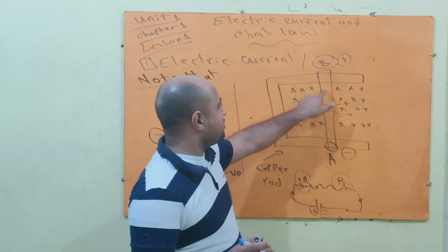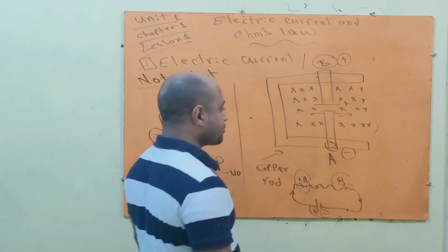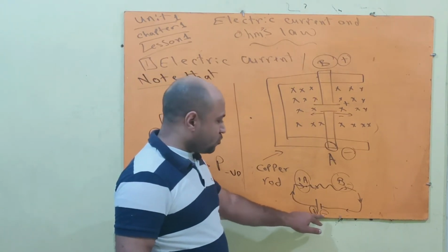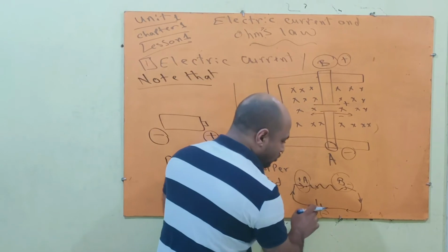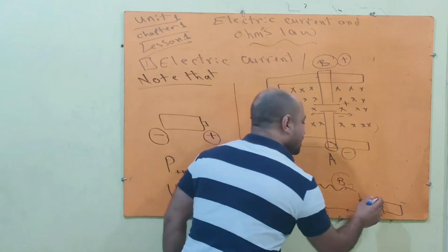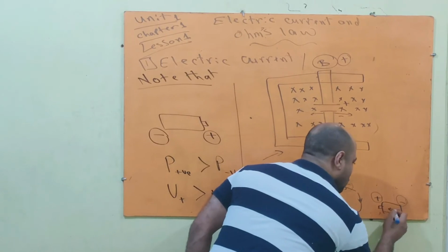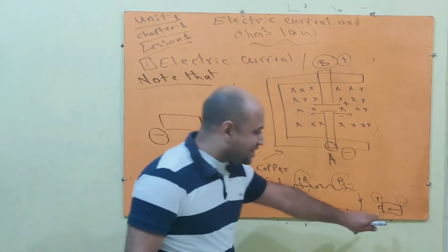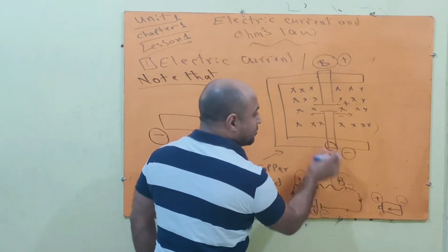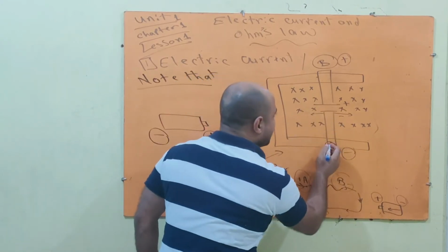So current moves in this direction. فطالما ماشي كده يبقى الناحيه دي بوزيتيف والناحيه دي نيجاتيف. لو انا عندي باتري، ممكن نرسمها كده او كده، هي بوزيتيف نيجاتيف. تبقى عارف دايما ان البوزيتيف اكبر من النيجاتيف، والكرنت انسايد ذا سيل موفز فروم نيجاتيف تو بوزيتيف. يبقى جوه السيل بيمشي من النيجاتيف للبوزيتيف. جوه السيل this wire acts as a cell، ولدت تيار كهربي، it acts as electric cell so it moves from negative to positive.